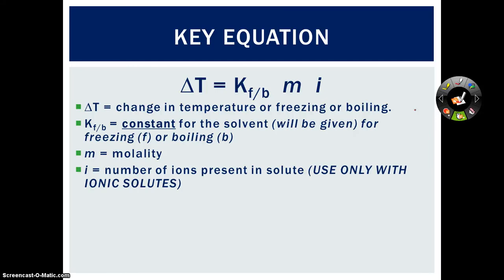So delta T is change in temperature, Kf is a constant, Kb is a constant, you use f for freezing, b for boiling, molality we know how to find, and i we'll talk about in one moment.